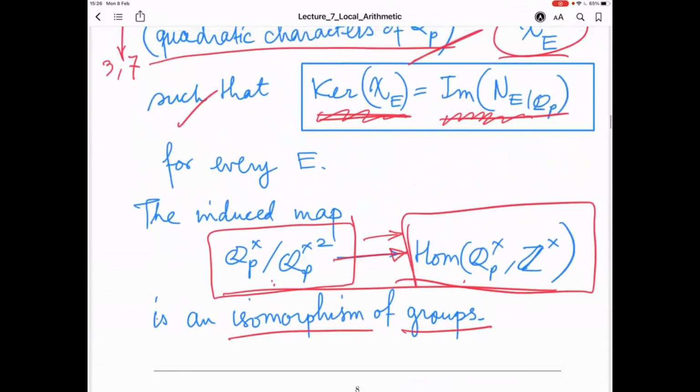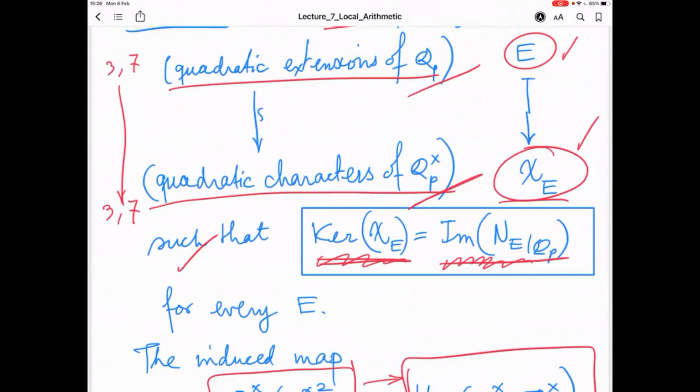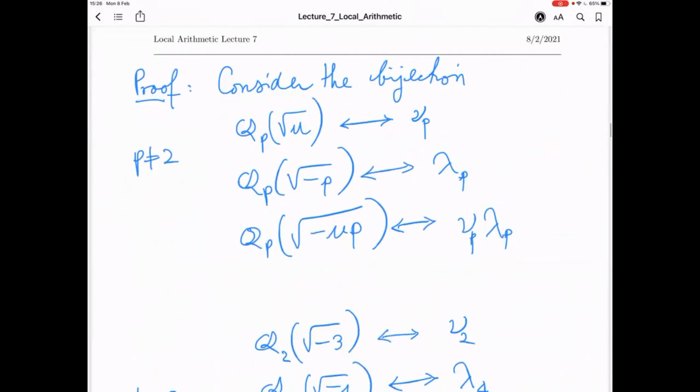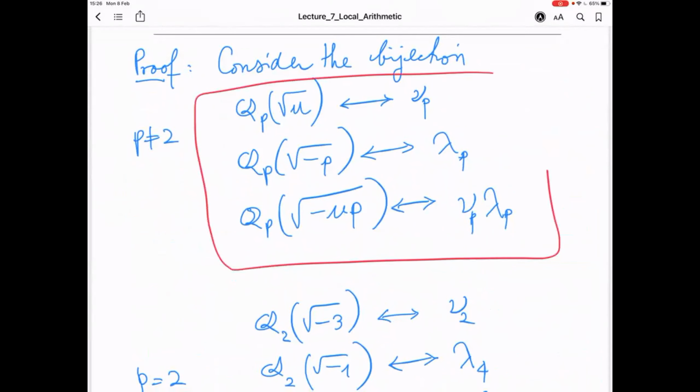So let's once again look at the statement. It says that the set of quadratic extensions of Q_p and the set of quadratic characters of Q_p star are in this canonical bijection characterized by this property. Okay. So here is the bijection which I've written down for odd p.